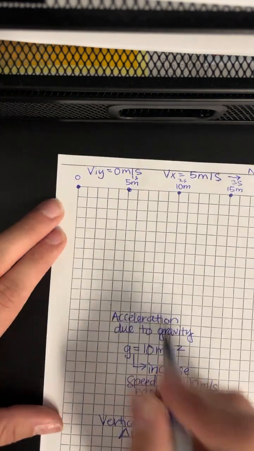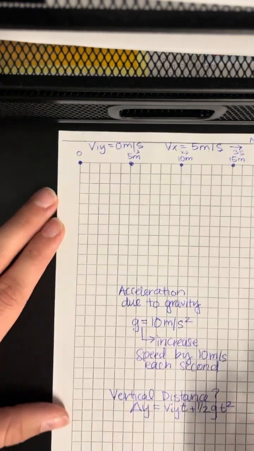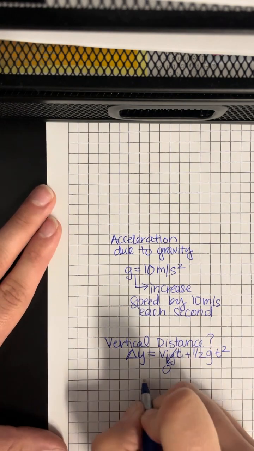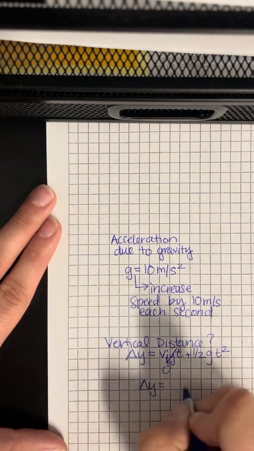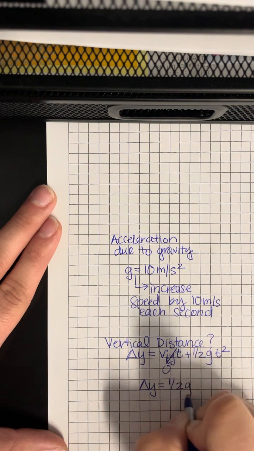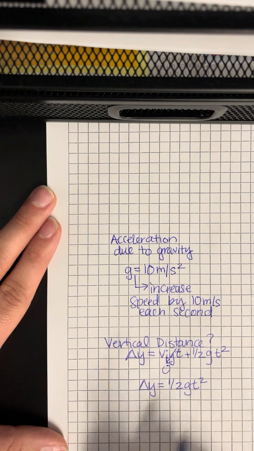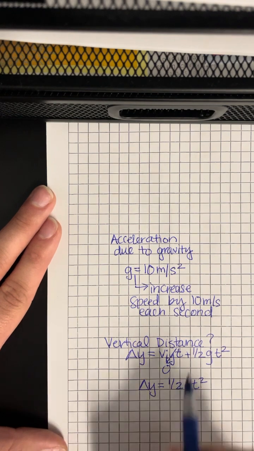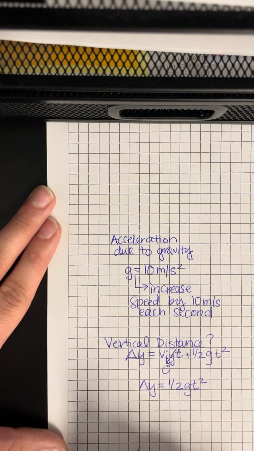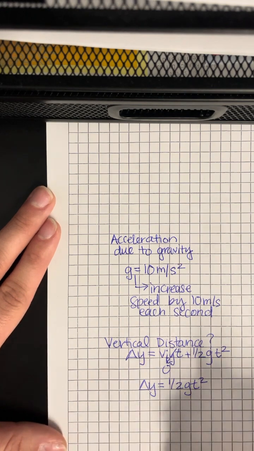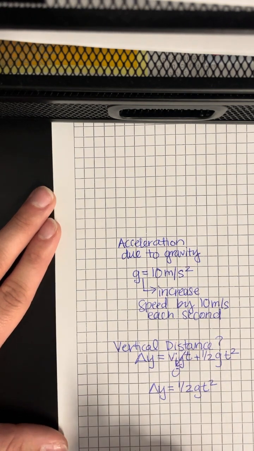Well, what we know is our initial speed in the y direction is 0. So that cuts out this part of the equation. And I can use delta y equals 1/2 gt squared to find the y distance for each moment in time. If we had an initial y speed, we could also use this to find the y distance at each moment in time as well. But since it's 0, it makes it easier.